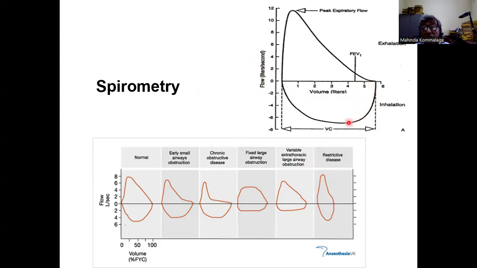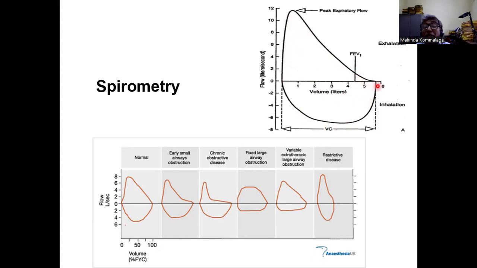In inspiration, flow is in one direction, moving into the lungs. This is expiration. Flow is moving in the opposite direction. That is why the curve is upside down on the other side, right? So this is inspiration, this is expiration, and this is volume.